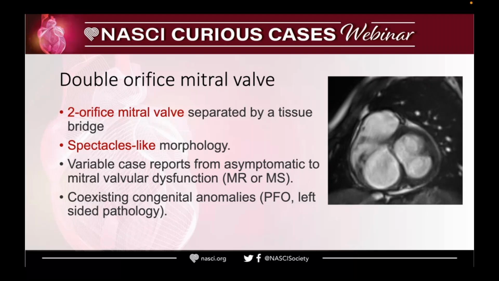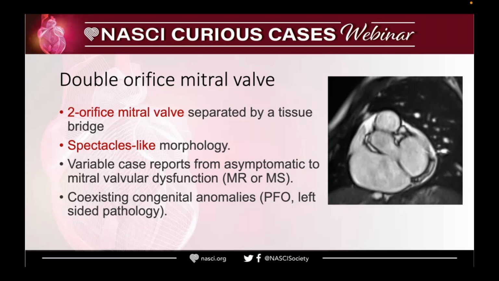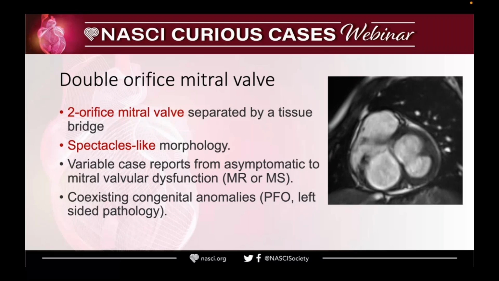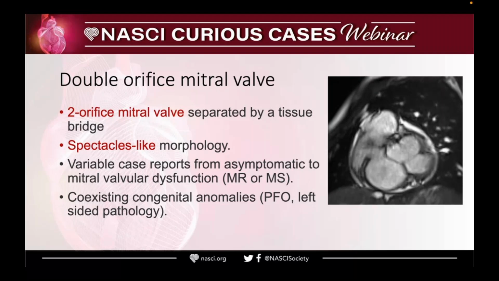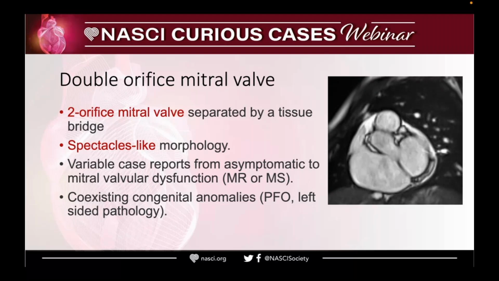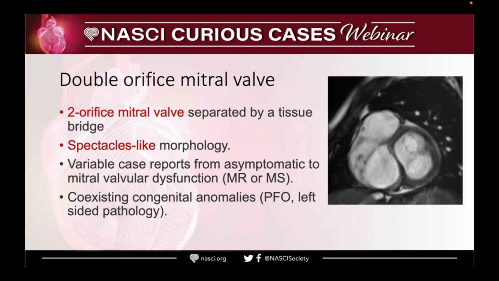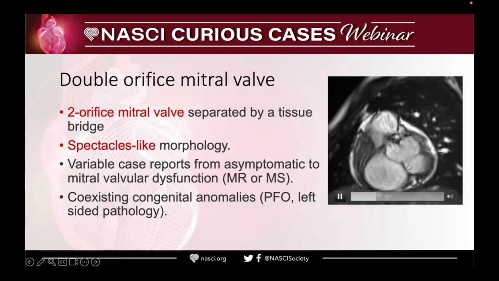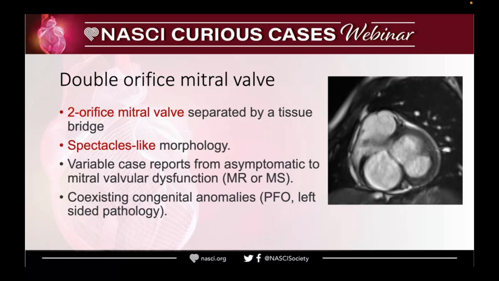We need to pay attention to coexisting congenital anomalies. Usually any congenital anomaly that affects the left side of the heart, like the left ventricle and mitral valve, can also affect the aorta and aortic valve. Sometimes it is done iatrogenically to narrow the valve as a management of mitral regurgitation, but this case was congenital and incidentally found.